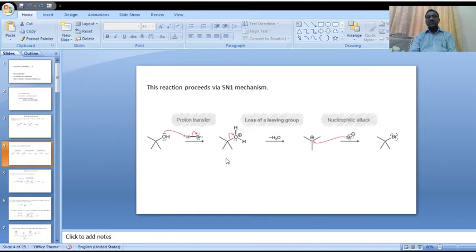This is the SN1 mechanism. In the first step, a proton transfer forms an unstable protonated compound. Then it is converted into a stable carbocation. In the second step, attack of the nucleophile gives the final compound, the alkyl halide.